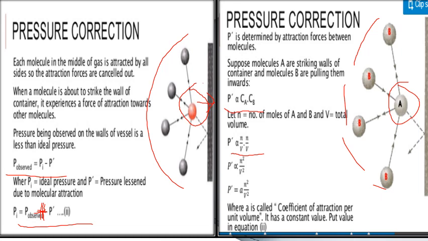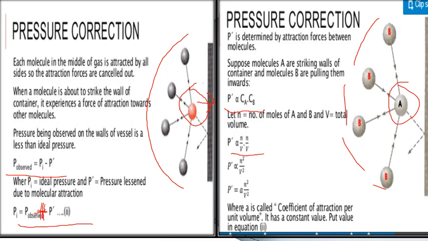Now if we replace the proportionality constant, you can get P bar is equal to a n square upon V square. This is the value of P lessened, the pressure by which there is a reduction, okay.